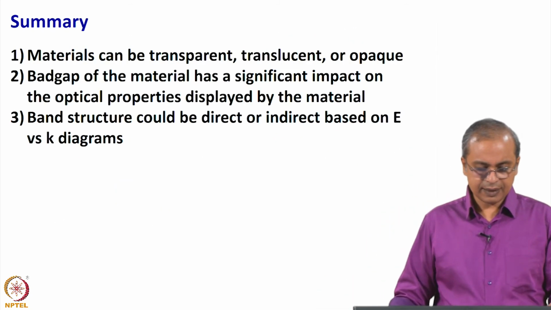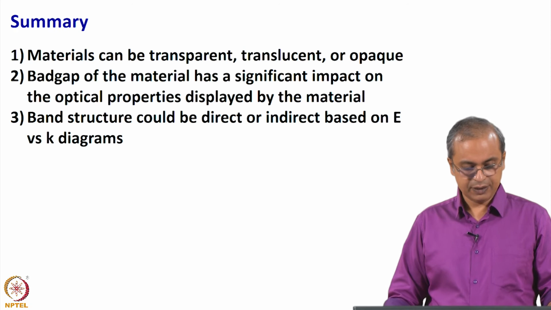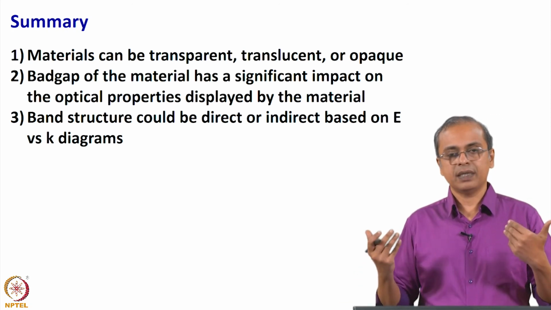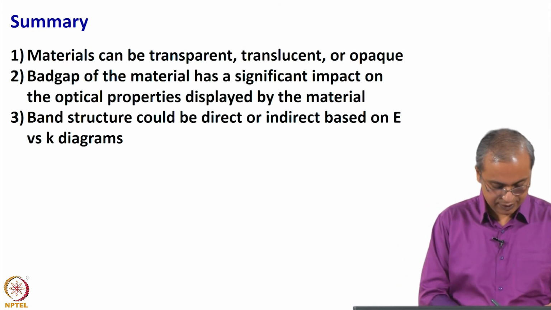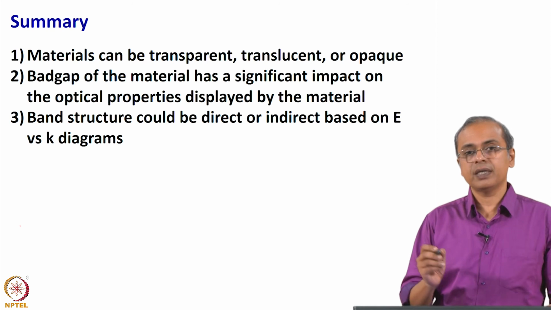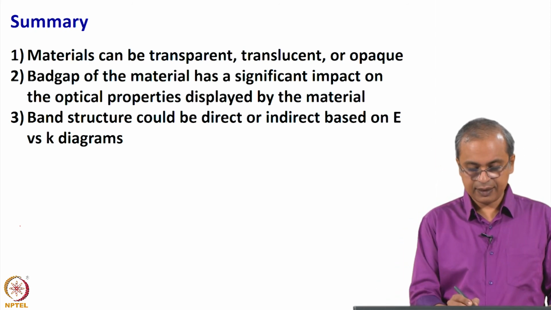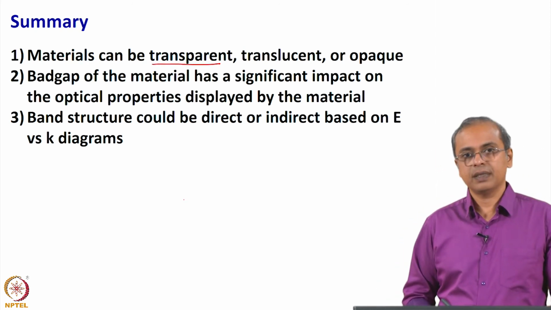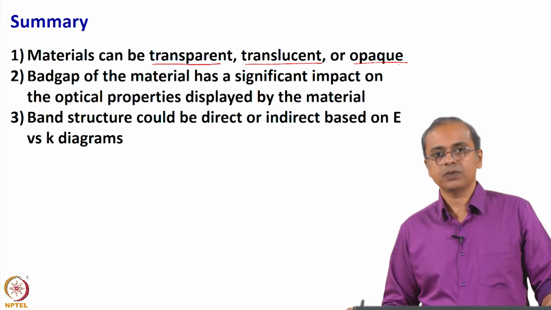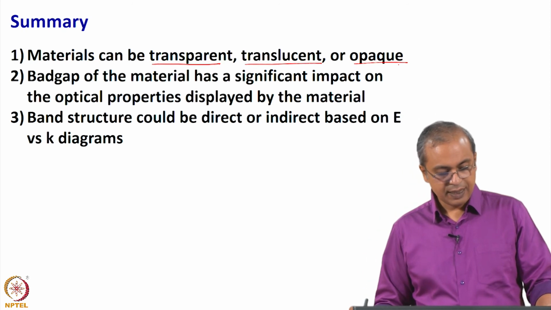Okay, so the summary for what we have discussed today is that materials of course have optical properties. We are very familiar with the optical properties that materials display. In particular, we understand that materials can be transparent, they can be translucent, or they can be opaque. So, all these possibilities are there.